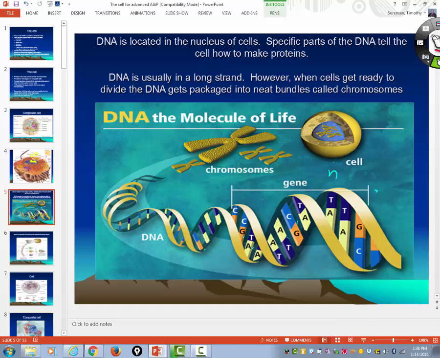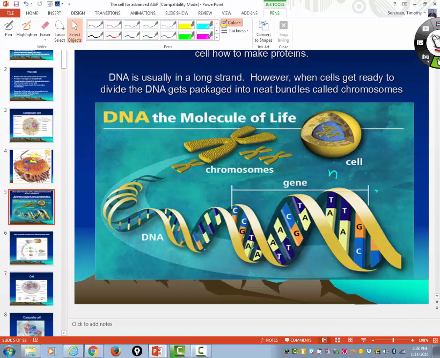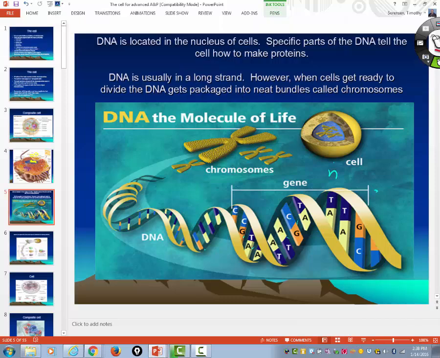So when a cell is going to divide, it takes this long strand of DNA called chromatin. So chromatin is long strands of DNA. And then it packs it up nice and neat into these things called chromosomes. So chromosomes are packaged DNA.